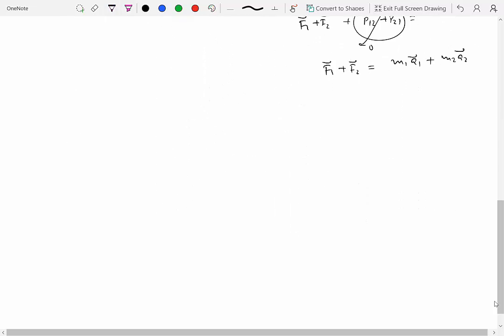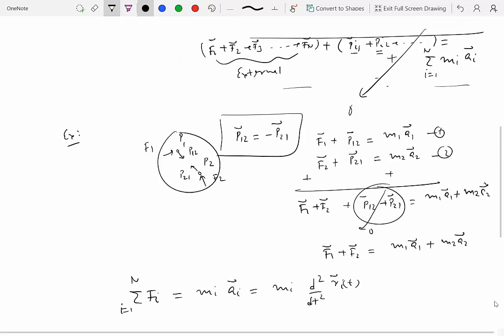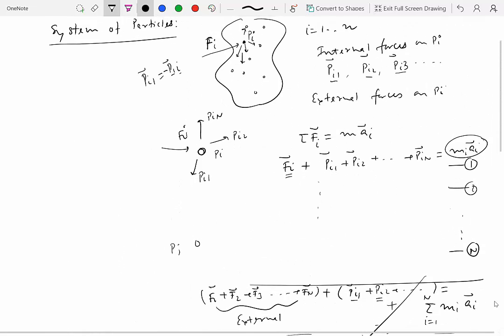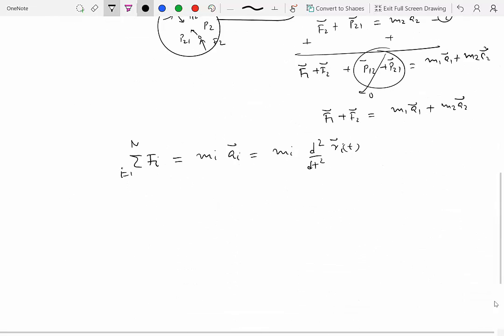So the general equation is sigma Fi, i changing from 1 to n, these are all external forces, equal to mi ai. But ai can also be written as d2 over dt2 of the position vector of i. So for this, we need a coordinate system. Let's say this is my coordinate system, and that's the position of particle i.